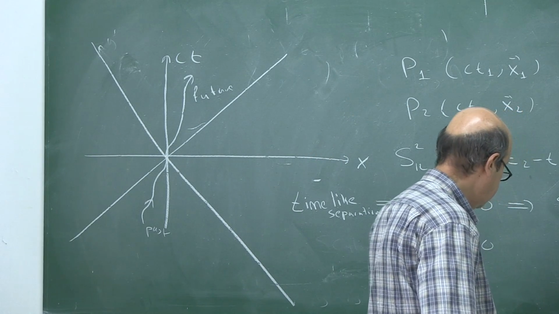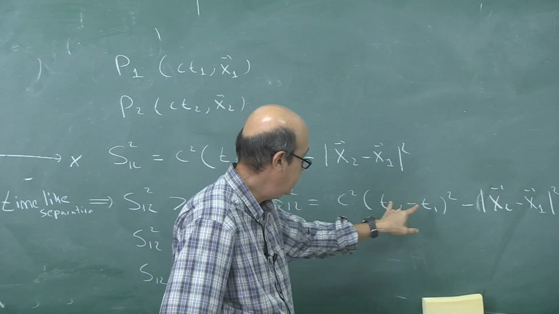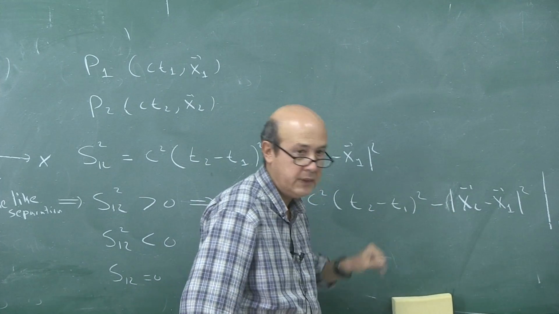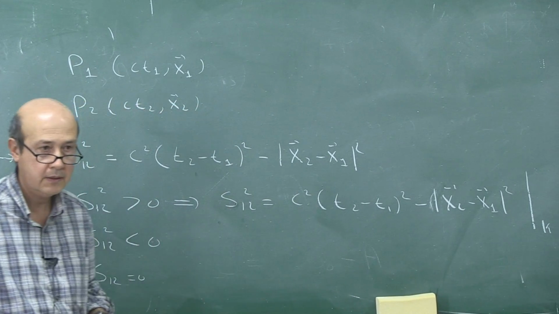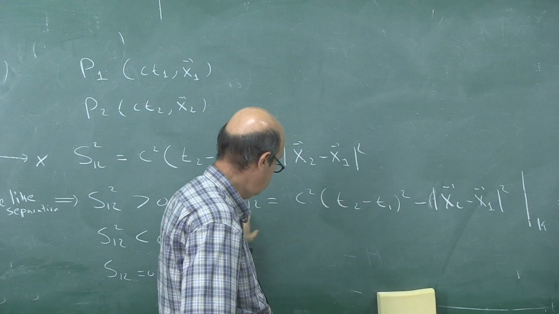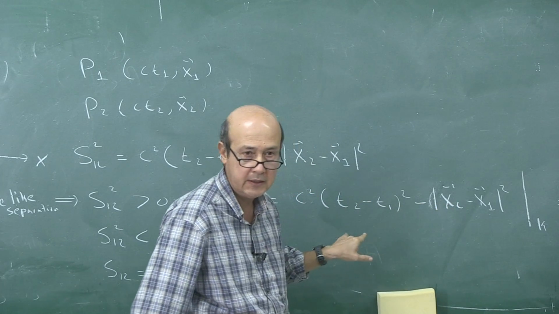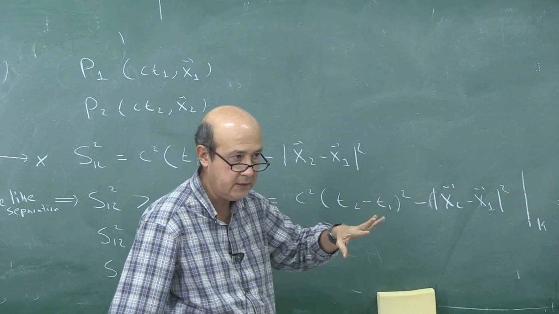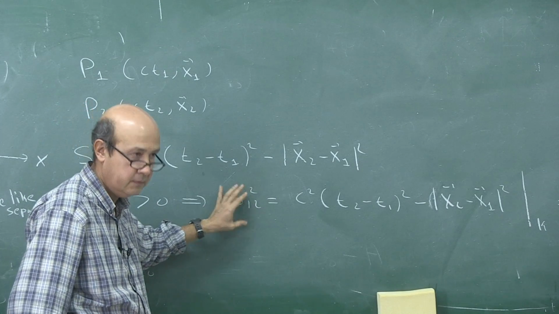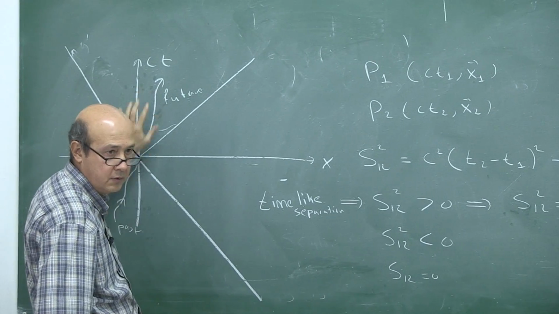And another thing here, if this is a positive number, 5, 10, 100, and if you divide everything by delta t, then what is the condition on delta x over delta t? Is it greater than 0 or less than 0? Smaller than c, because this is positive. Yes. So time-like separation is always inside the light cone.